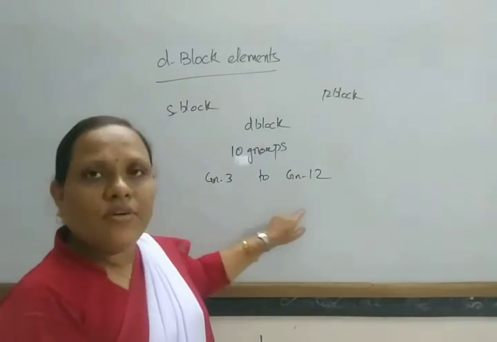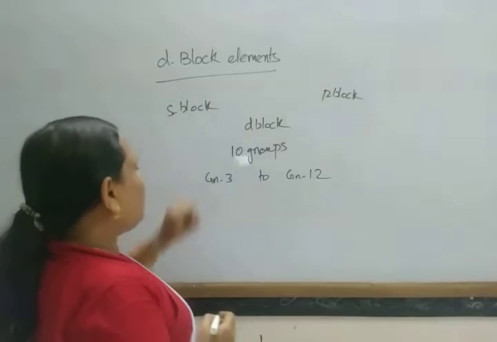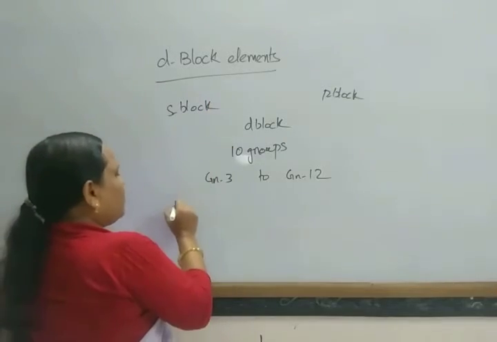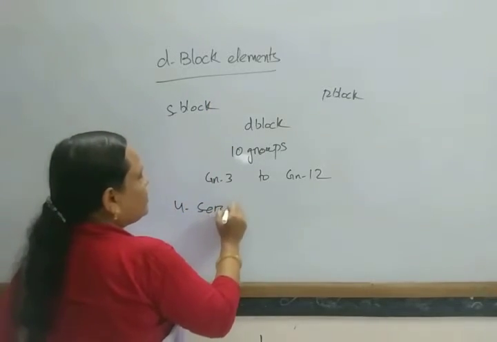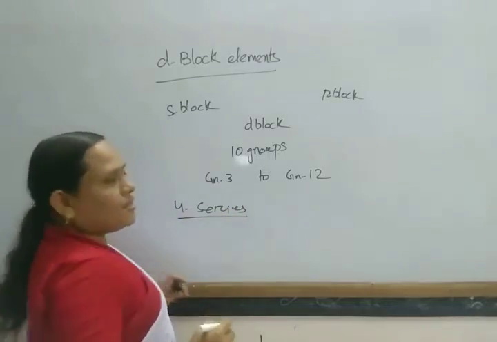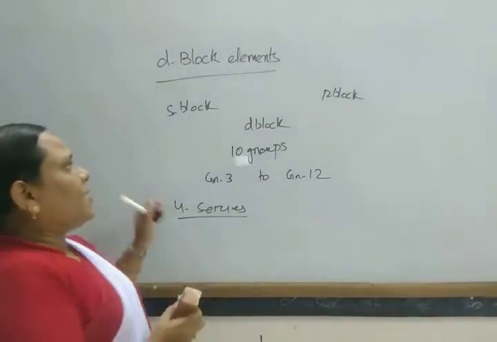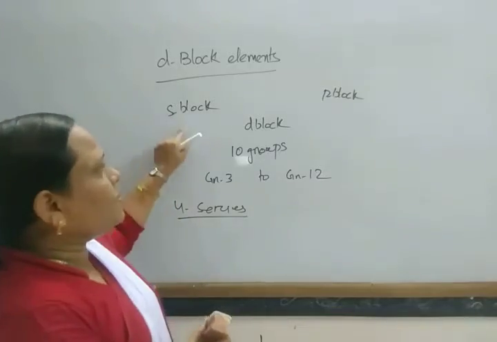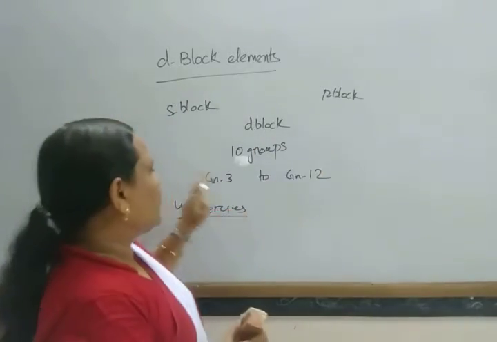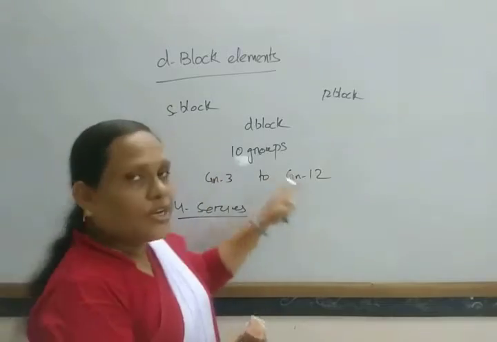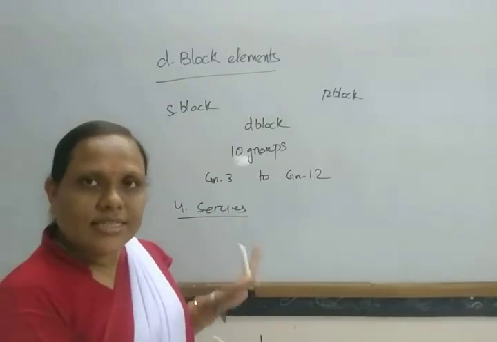This d block also consists of 4 series. So the d block elements are present in between s block and p block elements, and consist of 10 groups and 4 series.